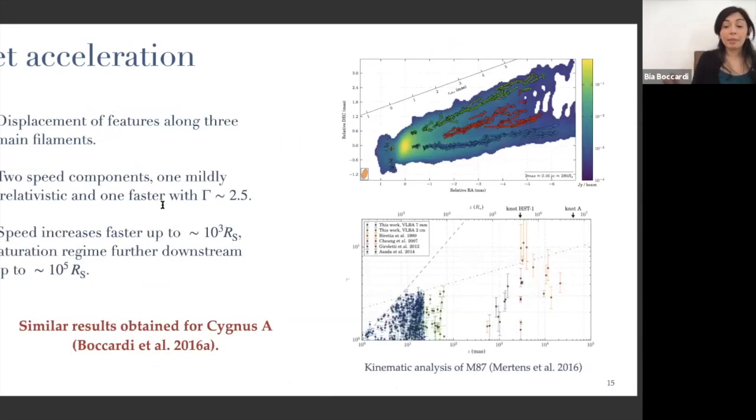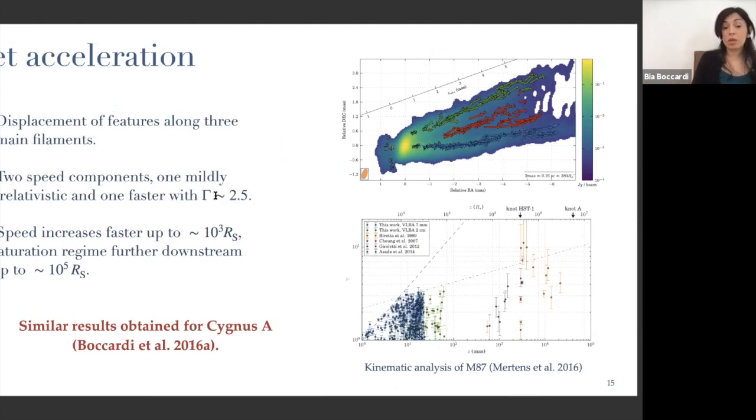We have also been able to directly probe the acceleration of the jet. For instance, you can see here a study of M87 by Mertens et al., where we see that the flow moves along mainly three filaments with two different speed components, one that is faster with a Lorentz factor of about 2.5 and one which is mildly relativistic.